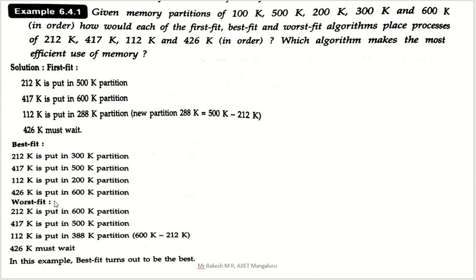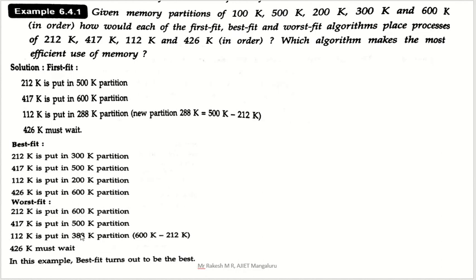Another one is worst fit. Worst fit means we put a page in the largest frame. The first one, 212, is added in 600. Actually 600 is not required, it is a very large frame, but we put 212 in it. The second one, 417, goes in 500. 112 goes in 388.